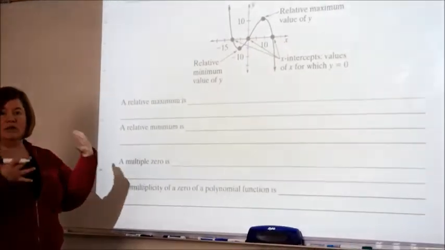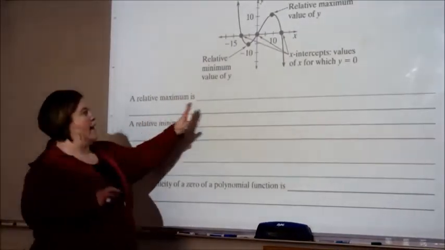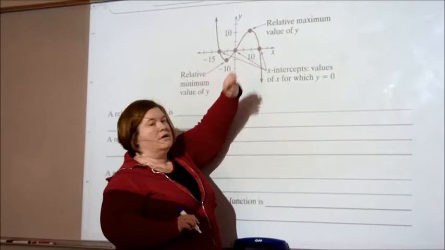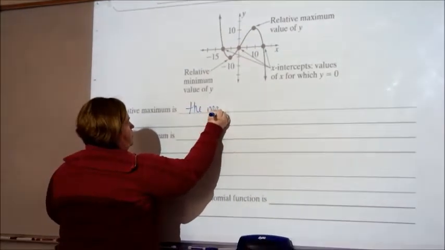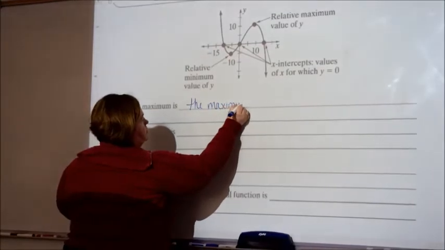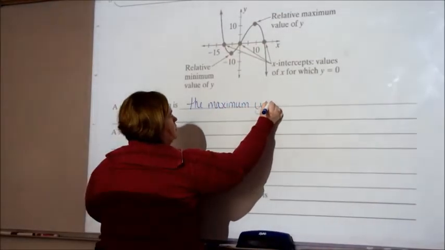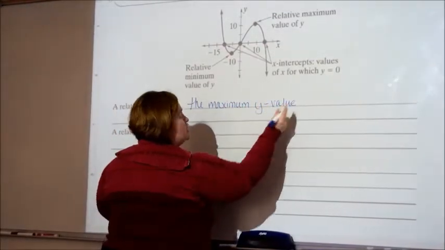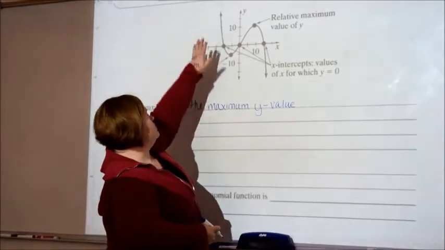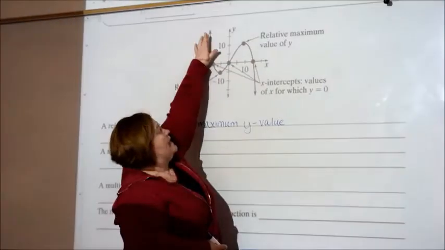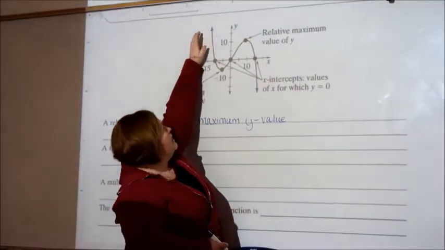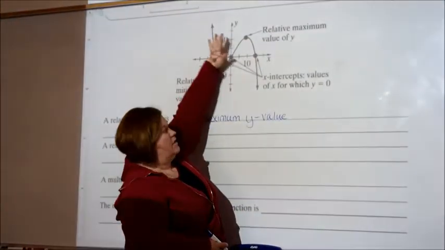Relative means it's related. So a relative maximum of this graph means the maximum y value in a certain region of the graph. As you can see from our graph, this is a relative maximum, but it's not an absolute maximum because the y values are higher here.